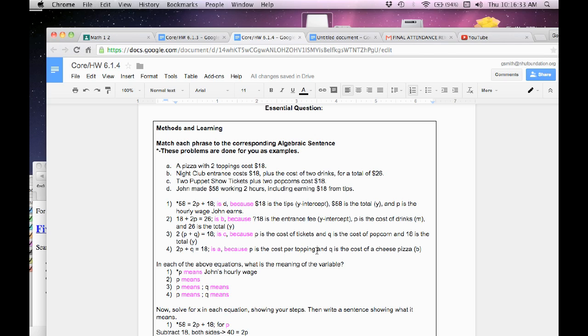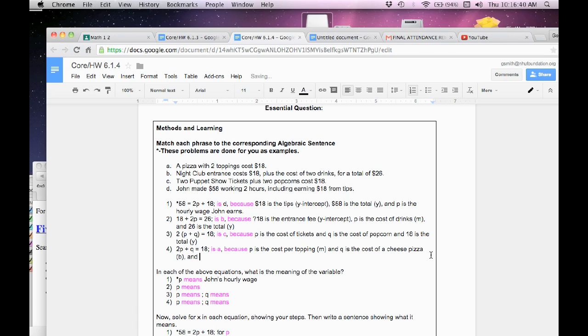The cost per topping, of course, is your slope, and 18 is the total, so that would be Y, because Y is your total.